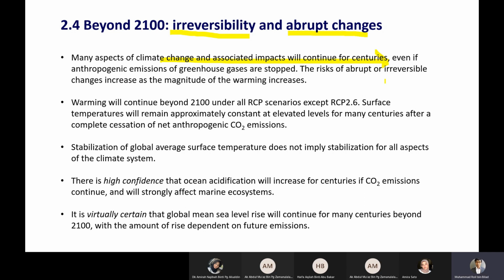The warming will continue under all of the scenarios except this one. We have to go back into what the RCP is. Also, if we can stabilize the temperature, it doesn't mean we stabilize everything.